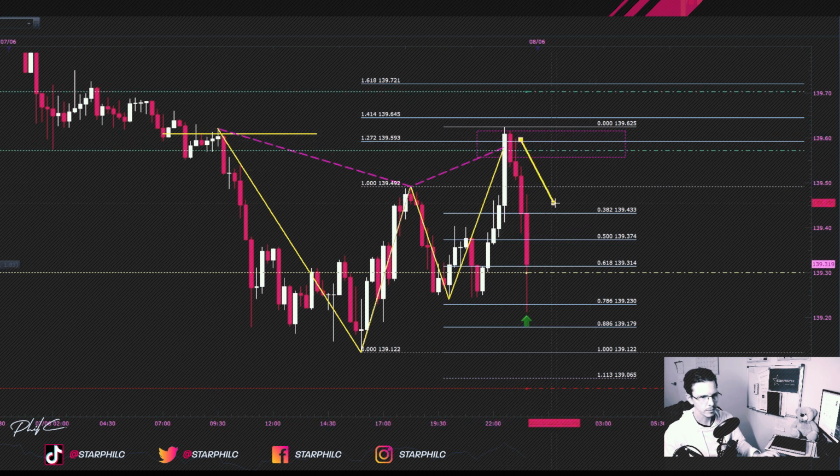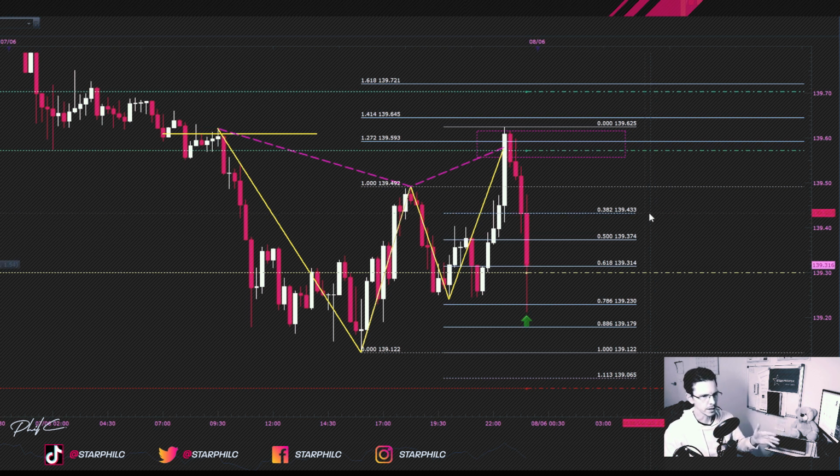Hit 127, roll over into the 382, which is target 1, and then right down into 618 for target 2. So that would have been about a 25 pip trade if you were to trade that.